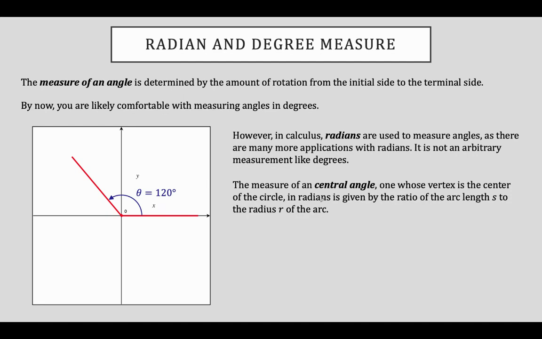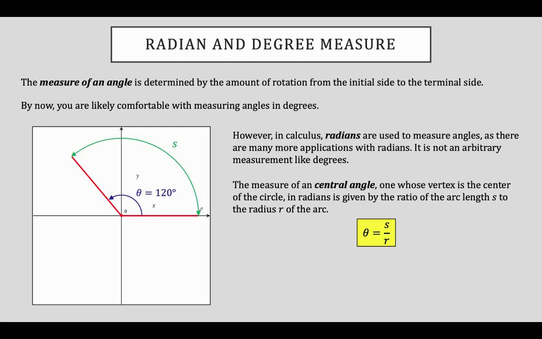All right. The measure of a central angle, one whose vertex is the center of the circle, in radians is given by the ratio of the arc length S to the radius r of the arc. So when we are getting radian angle measures, all we are doing is taking a ratio of S, our arc length, to our radius of the arc r.